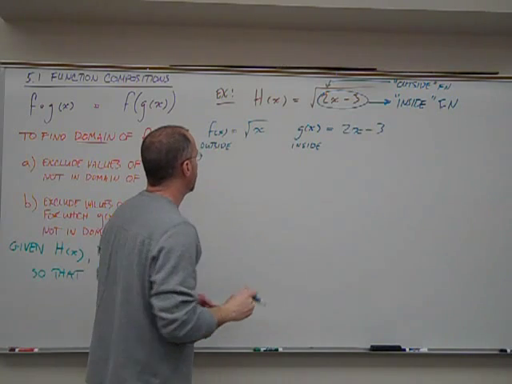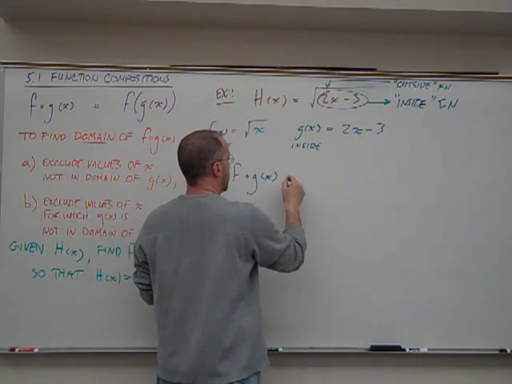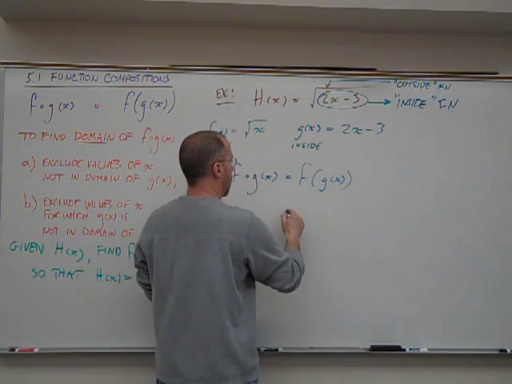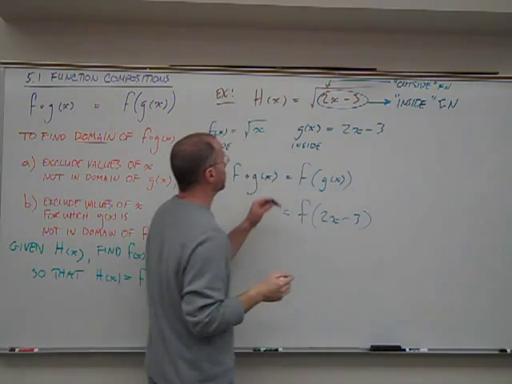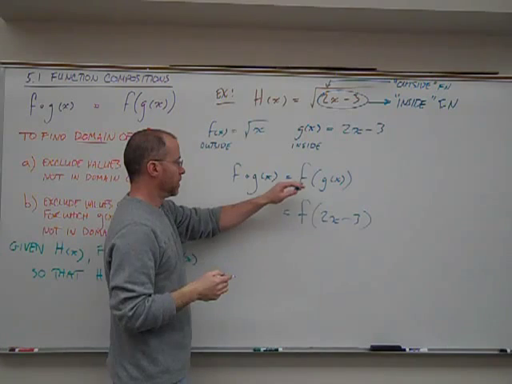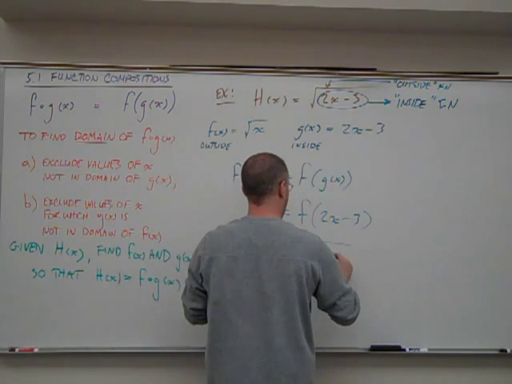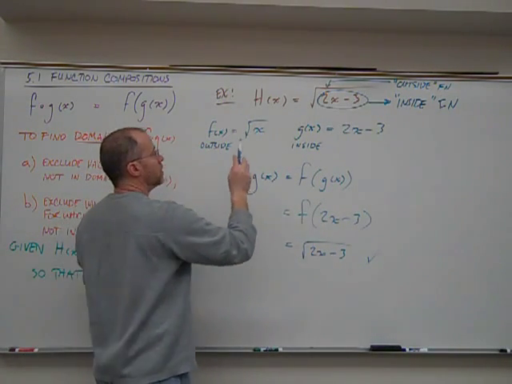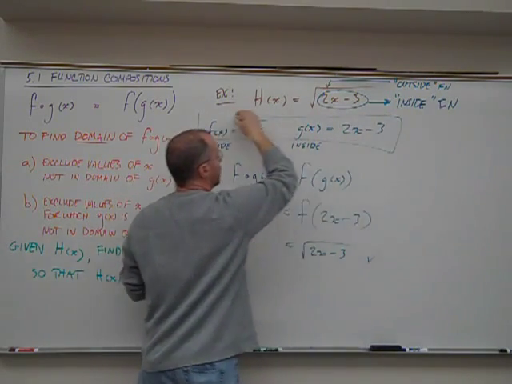Then check to see that f composed with g of x, f of g of x, or f of 2x minus 3, is equal to h of x, because f of that inside function would be the square root of that stuff.